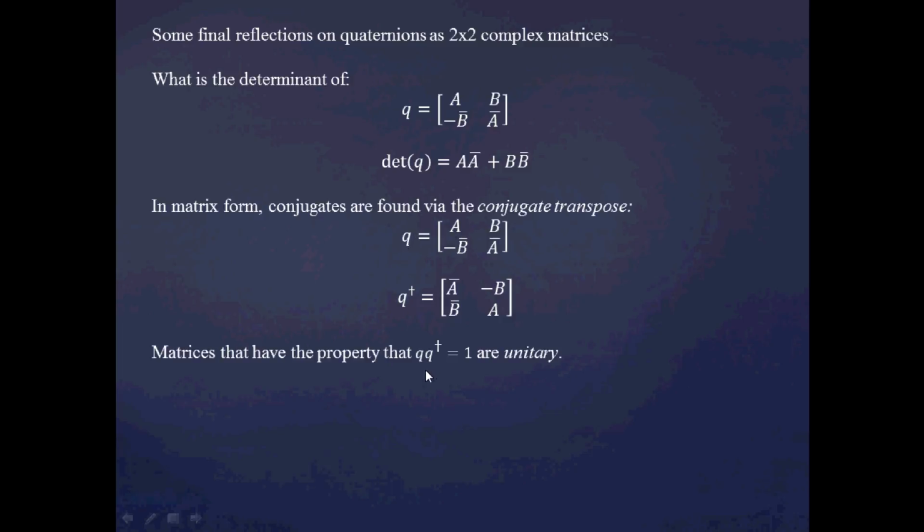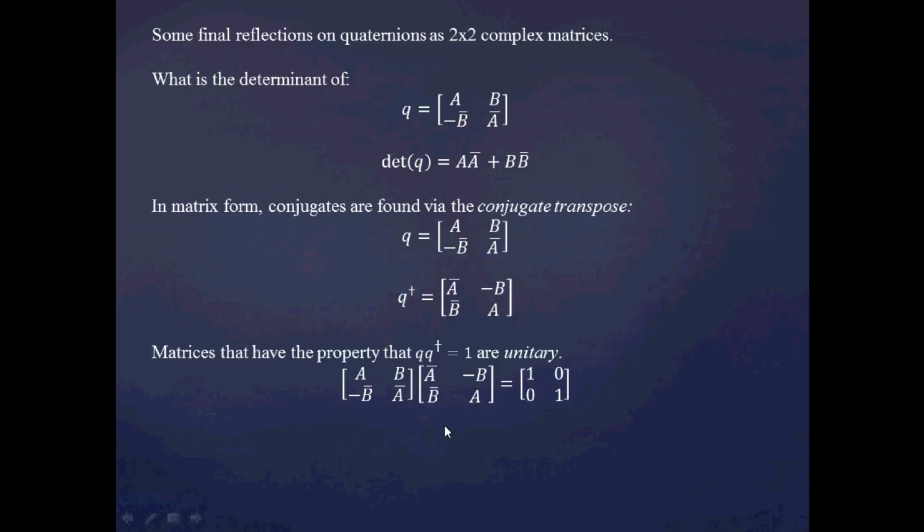Now one is often interested in matrices which have the property of being what's called unitary, which is that when I multiply Q by Q dagger, I get the identity matrix. If a matrix has this property, that Q times Q dagger is equal to the identity matrix, it's said to be a unitary matrix. Now let me do precisely that. I'm going to multiply Q by Q dagger and set it equal to the identity matrix.